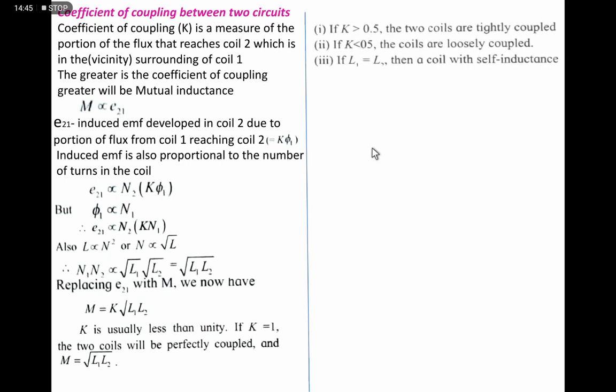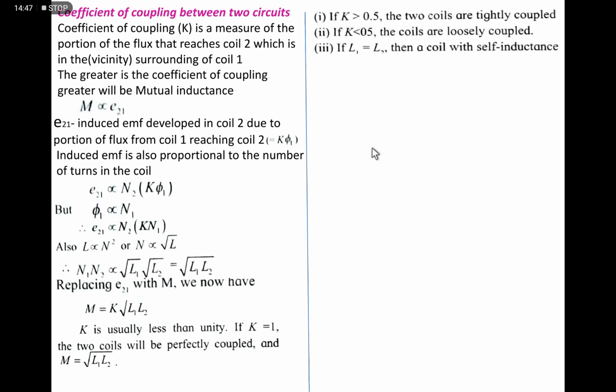Mutual inductance and self inductance are related to each other, and from this equation we can conclude it. Here K is the constant, you can say the coefficient of coupling. If it is greater than 0.5, the two coils are tightly coupled.